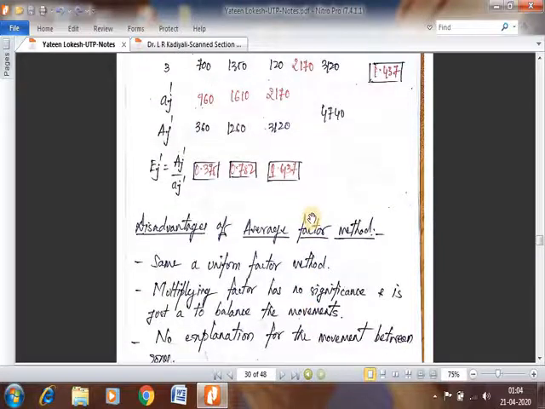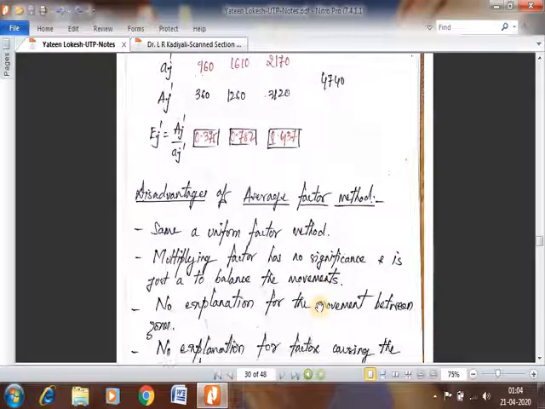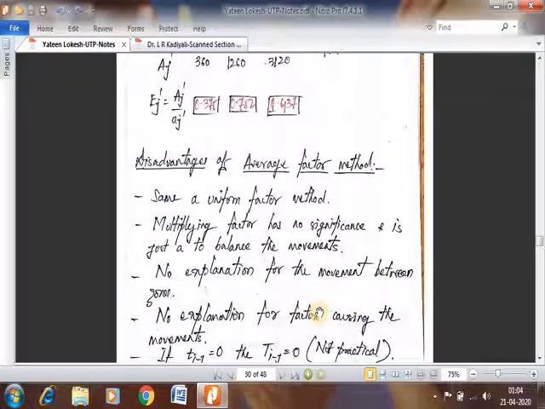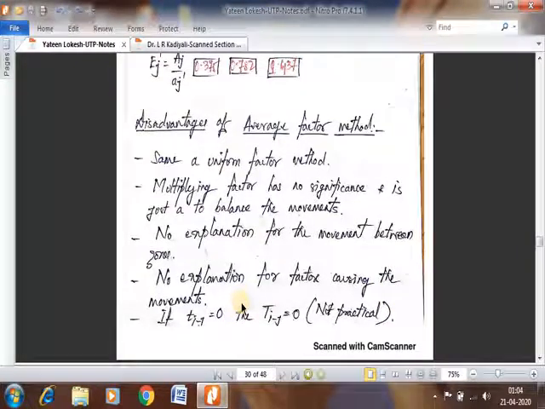So whatever multiplication of the trip elements you are doing with the average of the growth factors is just to balance the movements, and there is no explanation for the movement between the zones. Along with that, there is no explanation for the factor causing the movements also. So you are just multiplying and giving the answer. There is no reason for why it is happening.